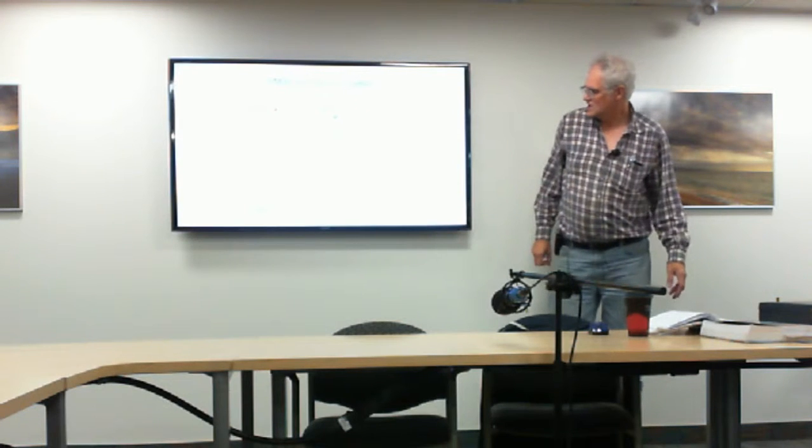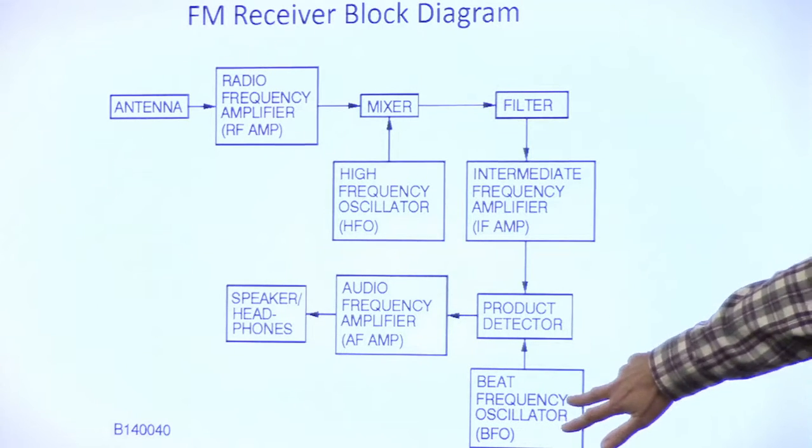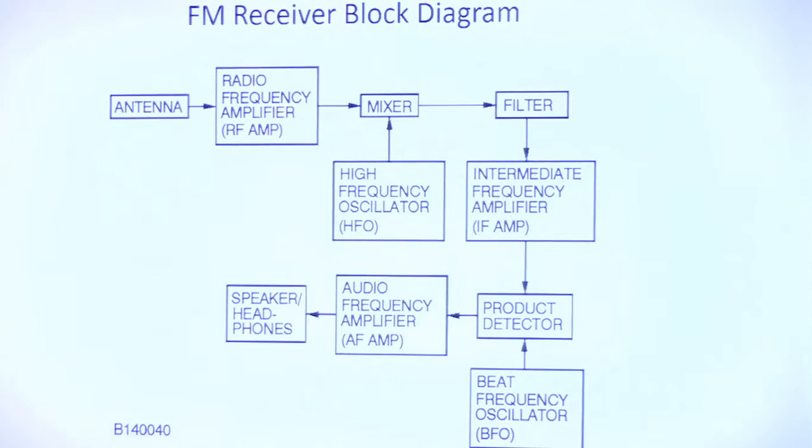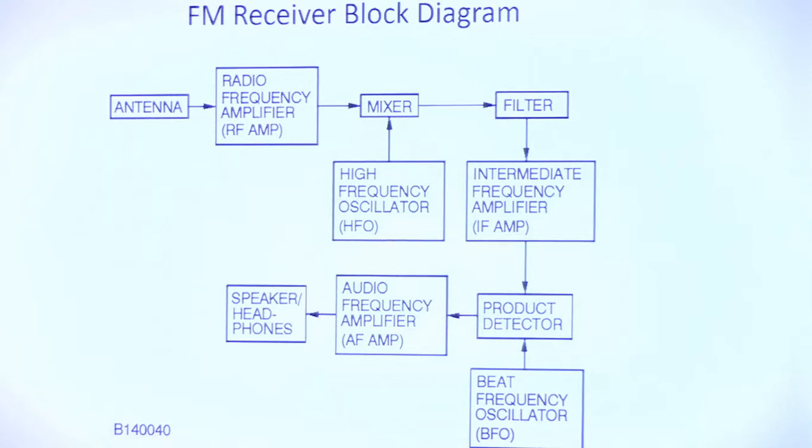By mixing those two together, the difference is an audio tone of about 800 hertz. It's usually adjustable, but that's most people's preference. Whenever it receives the carrier, you're going to get that pulsed 800 hertz tone.